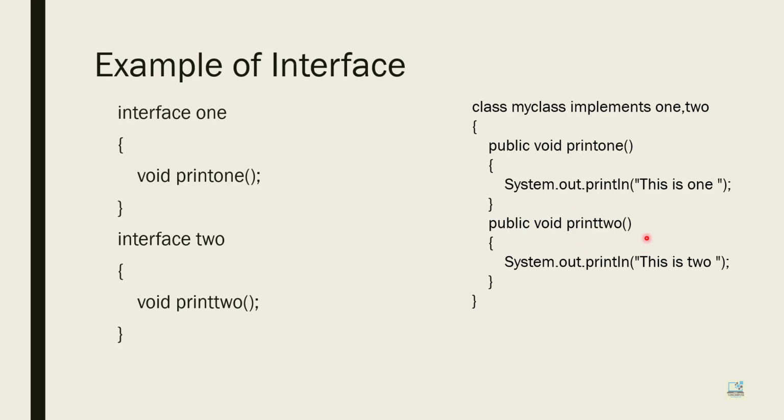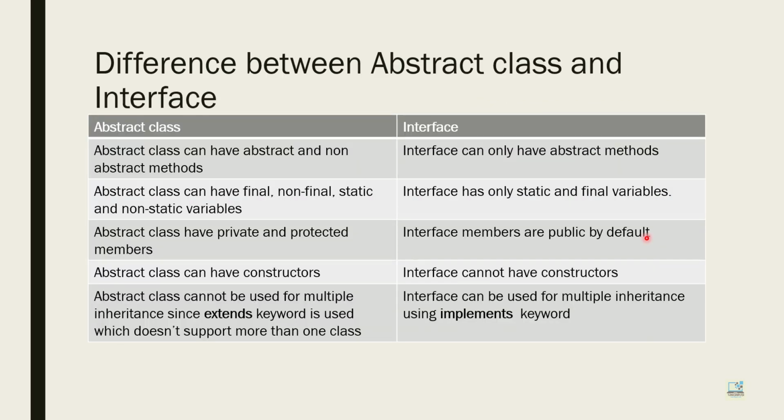Now finally let us see the differences between abstract class and interface, one by one. First difference, an abstract class can have abstract and non-abstract methods. Clear? Whereas an interface can only have abstract methods. Second, an abstract class can have final, non-final, static and non-static variables, whereas an interface has only static and final variables.